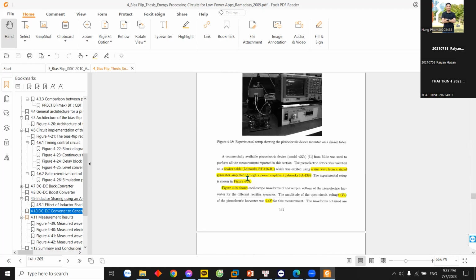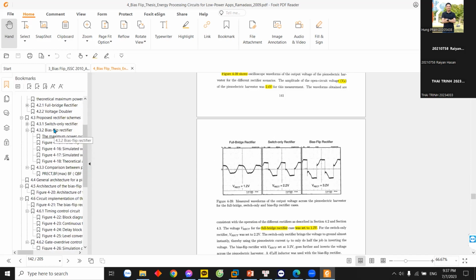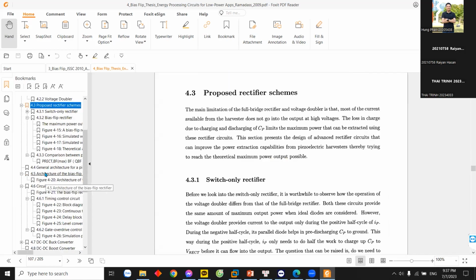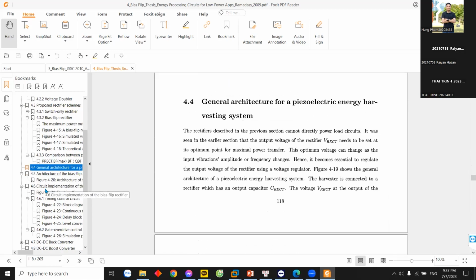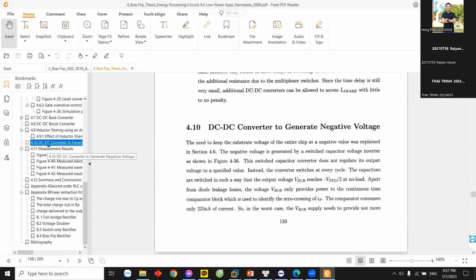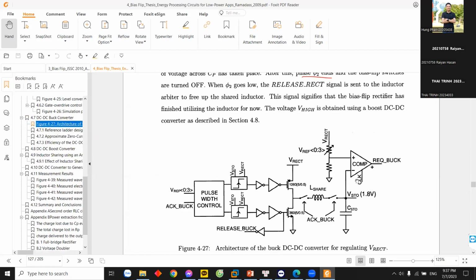Okay, so next week, what should I do? Where is the buck converter? Chapter 4, section 4.7. Yes. Where is the pen?